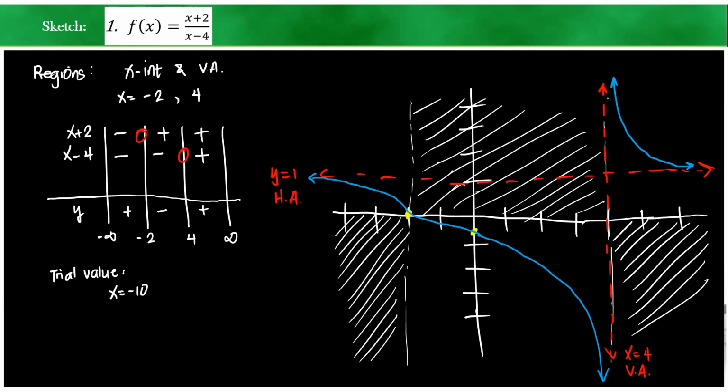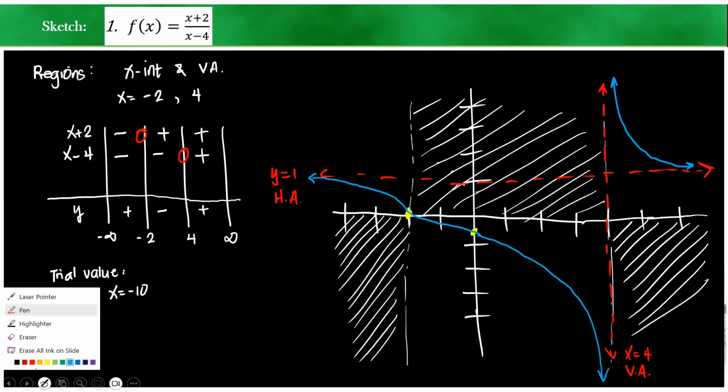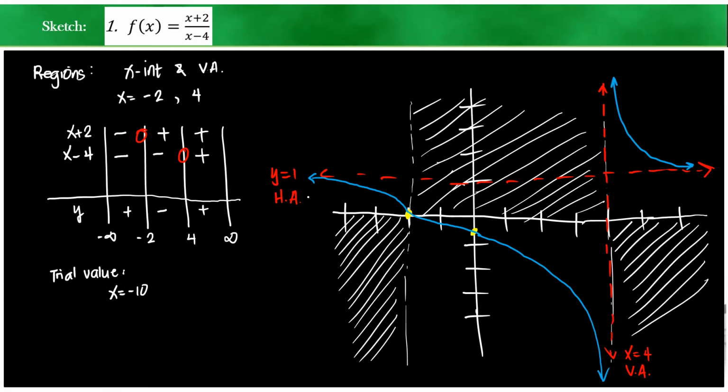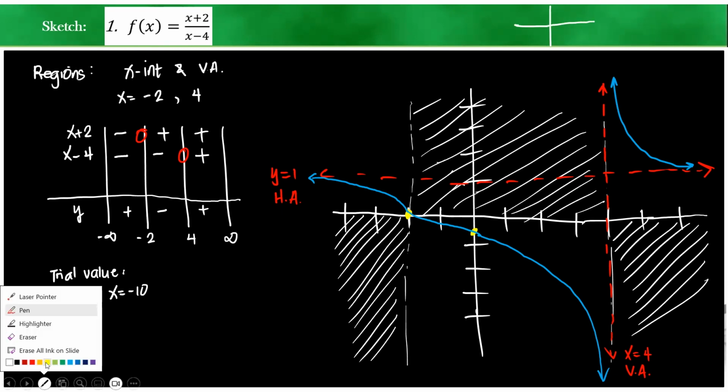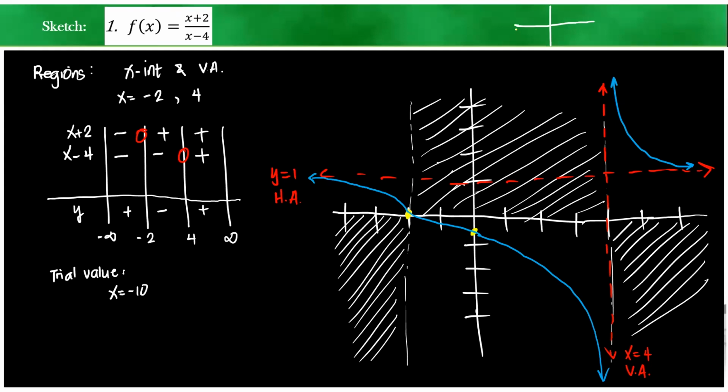Pag wala, parehong asymptote, yun itsura niya. So some of you might ask, what's the final form of the graph? If you erase, for example, the other shadings, ang itsura ng graph ko will be ganyan lang. Siyempre, we don't need to draw all those. Kaya lang, ako kasi, it helps to visualize.